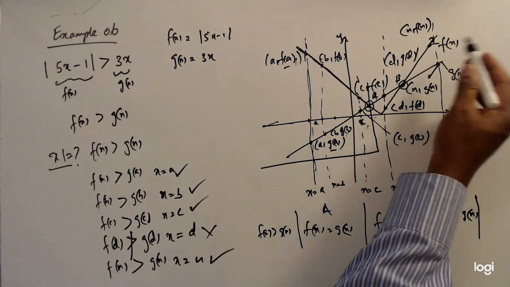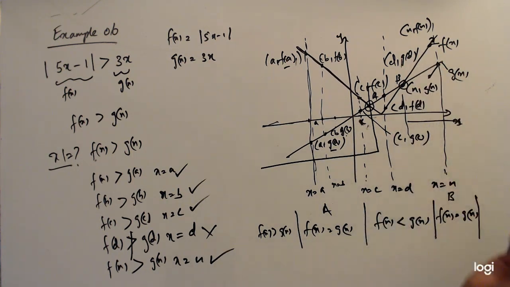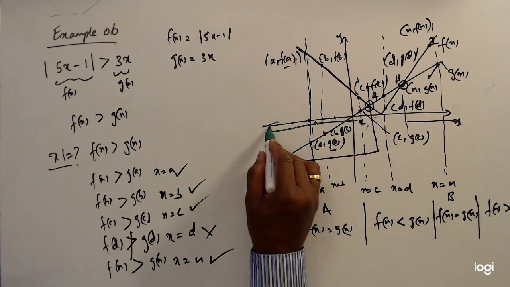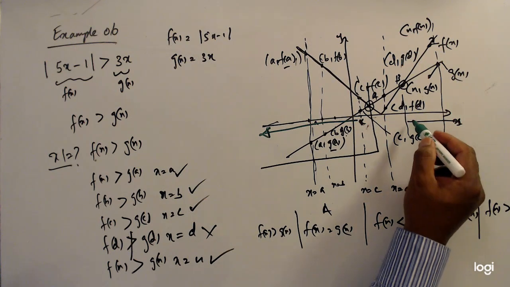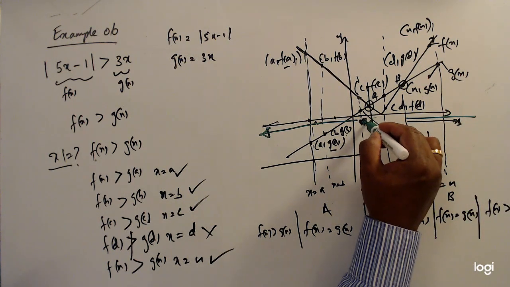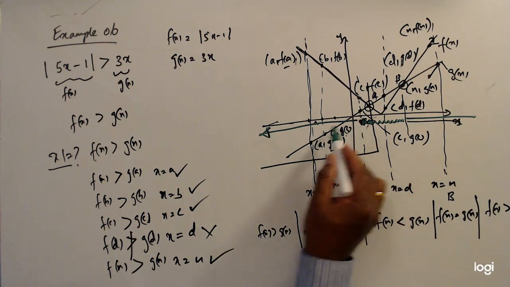After that, from this point onwards, it is again fx greater than gx. Now we need this area from here to here and from here to here. So we don't need the part in between a and b. So we can express it as an interval.